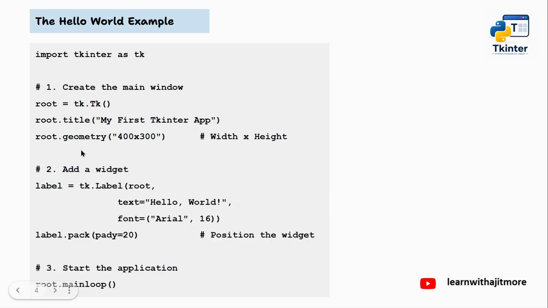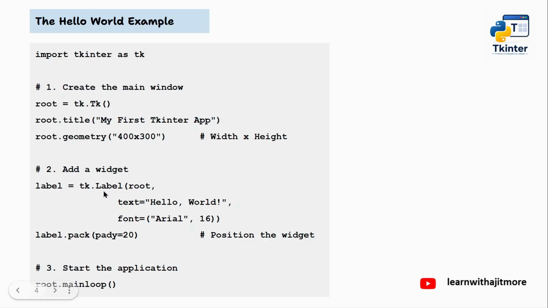So who is the parent of that widget? This main window. So I'm passing that main window. Okay? So tk.label, I'm passing this main window. Automatically, this widget is put into that main window, that is the parent window.